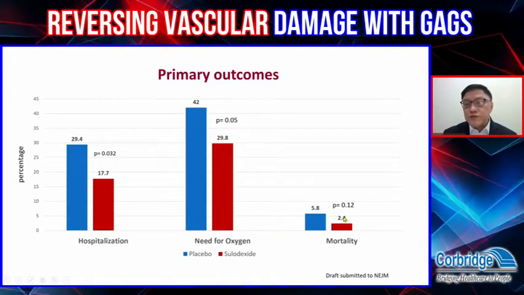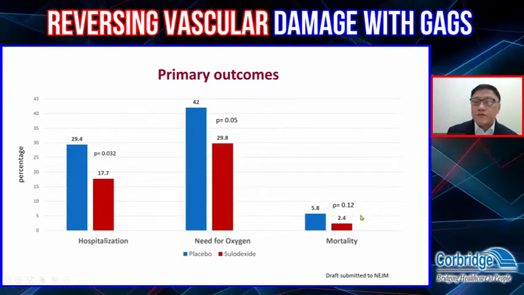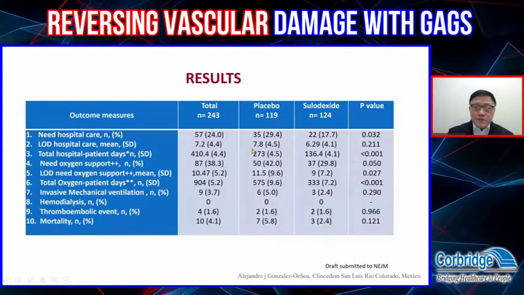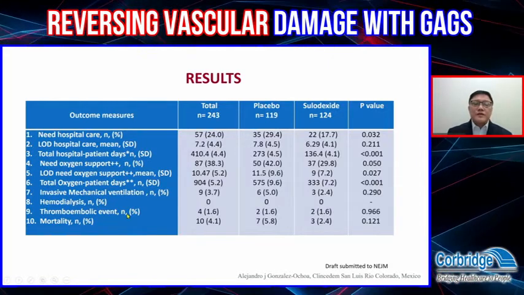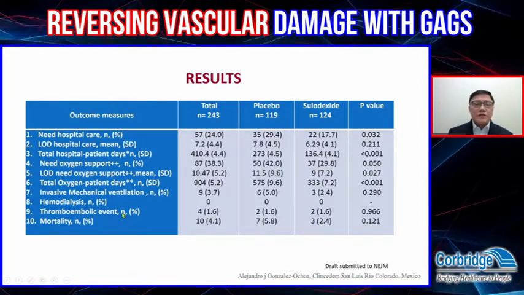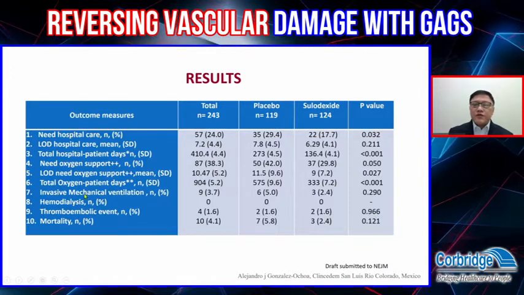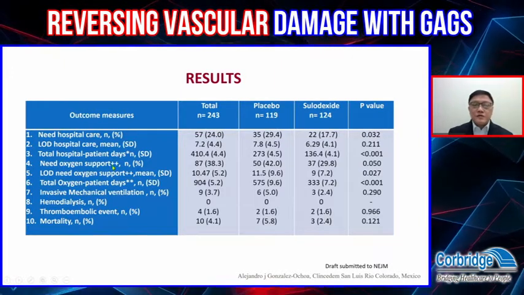Mortality was also reduced numerically, but it was not statistically significant. These were all the outcomes, right? But the only significant ones here were the need for hospitalization and the need for oxygen support.